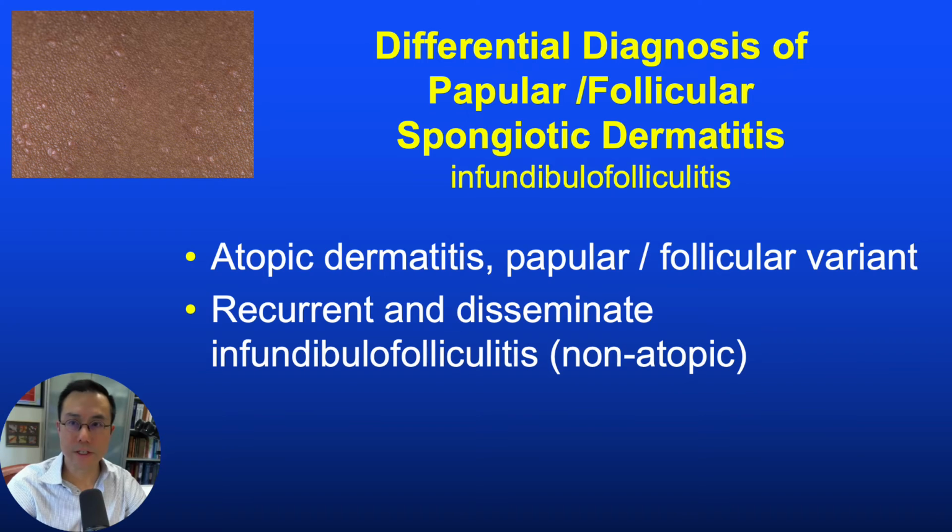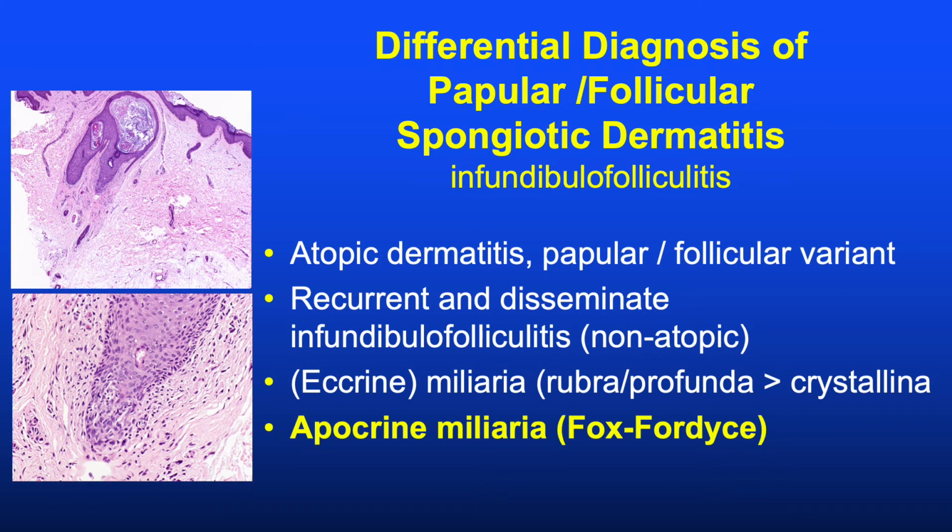In terms of differential diagnosis, another rare entity that I'm told is essentially clinically and histologically the same as papular eczema but occurs in non-atopic individuals is known as recurrent and disseminate infundibulofolliculitis. It's also histologically relevant that the epithelium of the sweat ducts can look similar, if not indistinguishable, from a follicular infundibulum in a given tissue section.